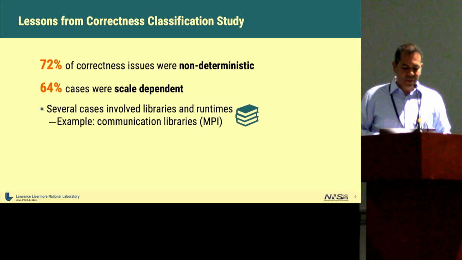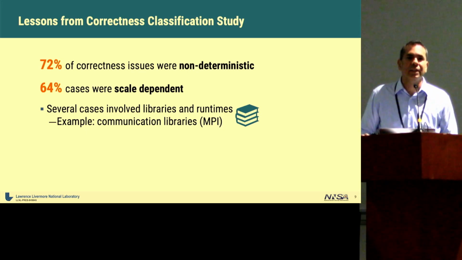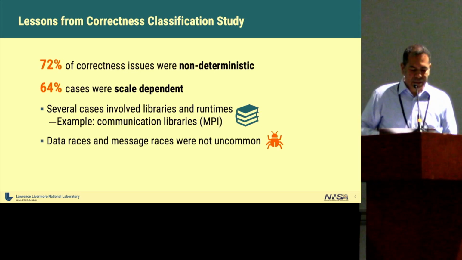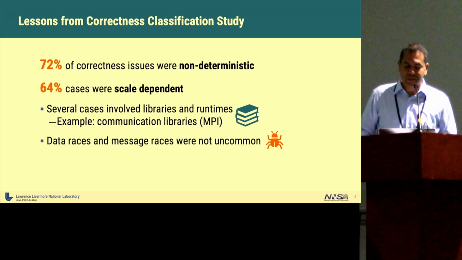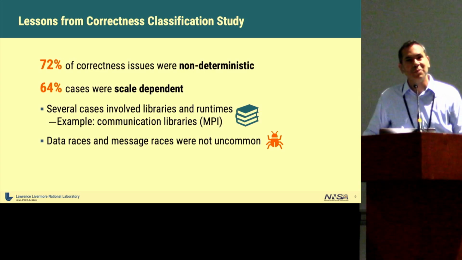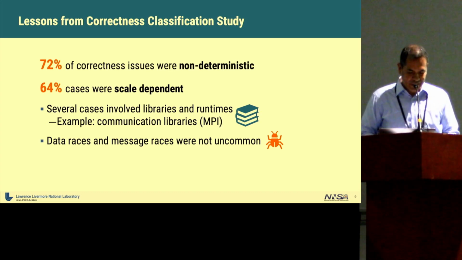Several cases involve libraries and runtime, so it's not uncommon to see, for example, the MPI library being involved in some of these cases where people use MPI incorrectly and so on. Data races and message races were not uncommon. You would think data race checking is a solved problem, right? But in practice, we still see a lot of data race cases, and sometimes we don't have the tools or the analysis that we can actually use in a data race case to find where the problem is.